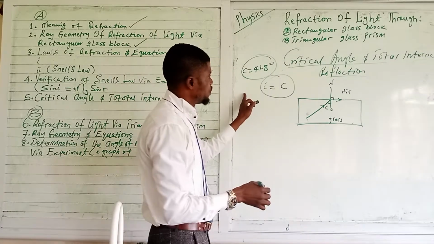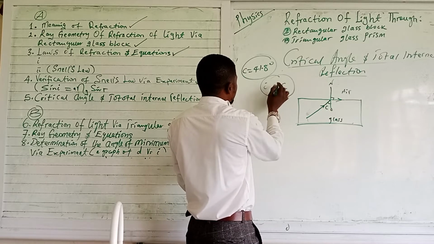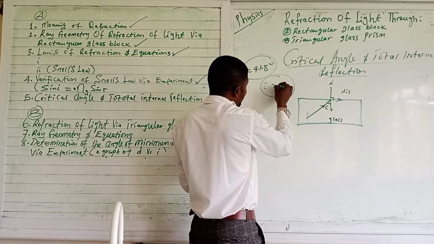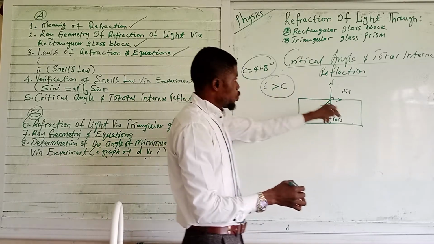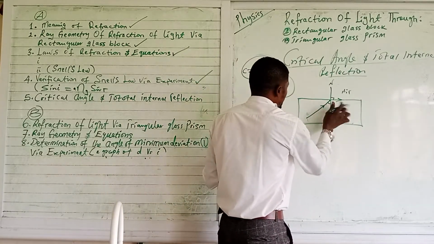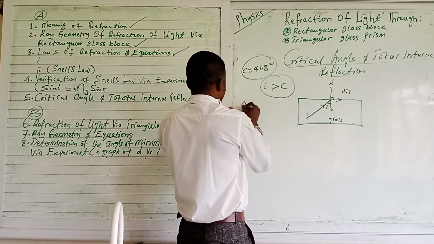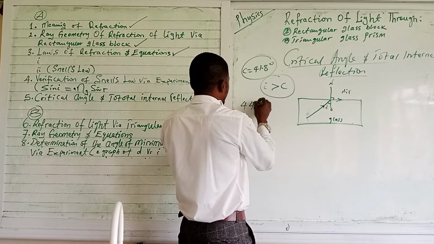That's your critical angle. And so maybe you have I greater than C, total internal reflection will occur. So in this case, you have your I, which is maybe 44 degrees.